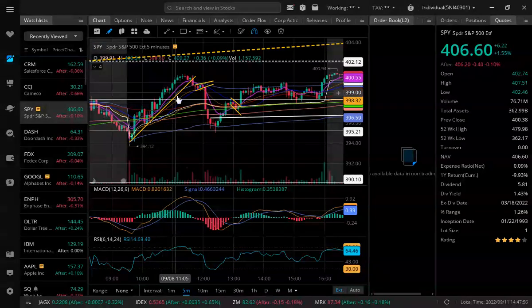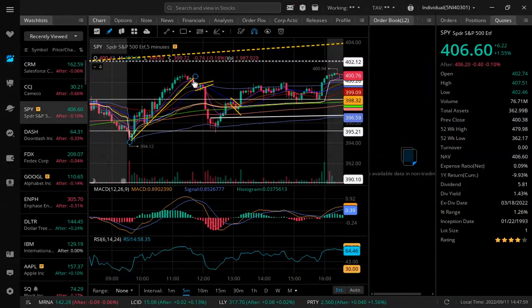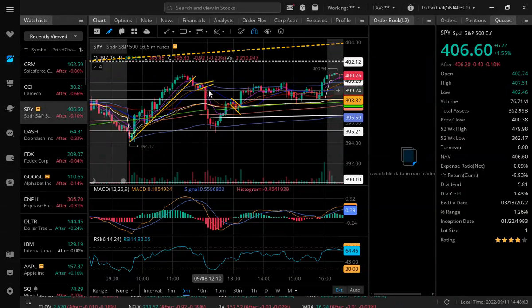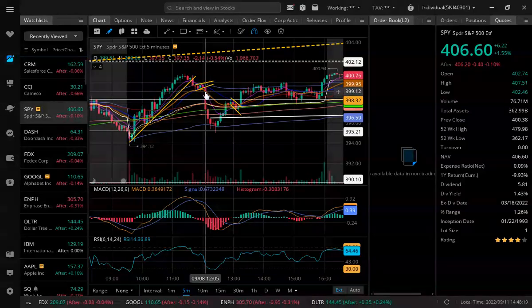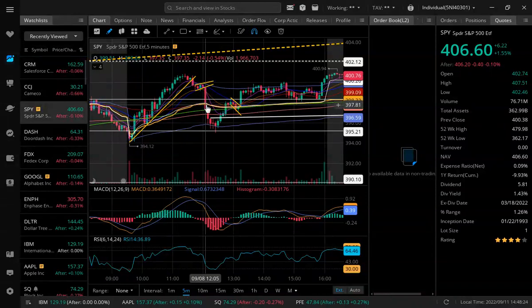So then we had our puts, which was the break of this trend line, or you could take the break below this bear flag. Then third, it was the break of the pre-market high, confirmed by the 8 and 21 cross. Or if you want to be a little bit more patient, you could have taken it at the break below VWAP, which was confirmed by the 8 and 21 cross, as well as the break below the pre-market high.